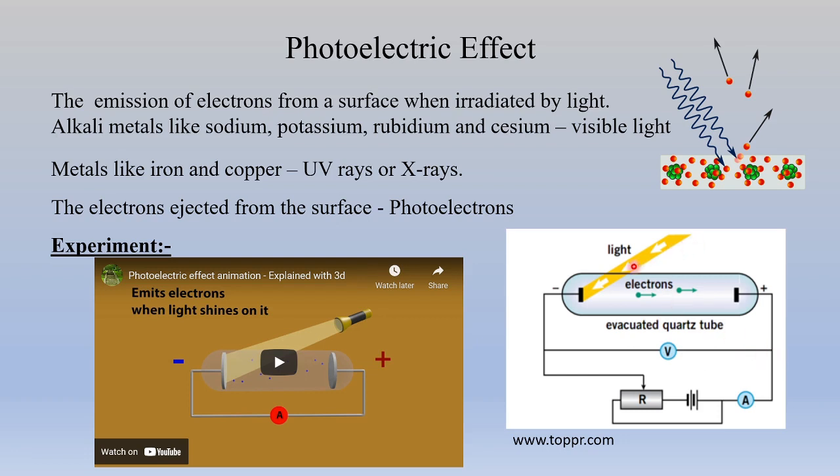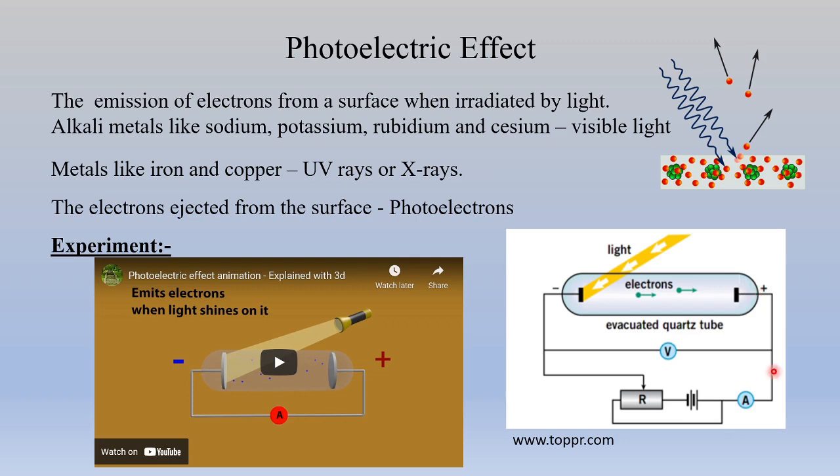Here, when the light falls on the cathode, what happens? The electrons are ejected from the surface of the cesium. Since the anode is placed at a positive potential, the electrons are attracted towards this anode, and this flow of electrons from the cathode towards the anode constitutes an electric current.